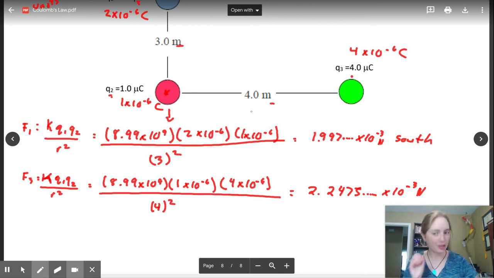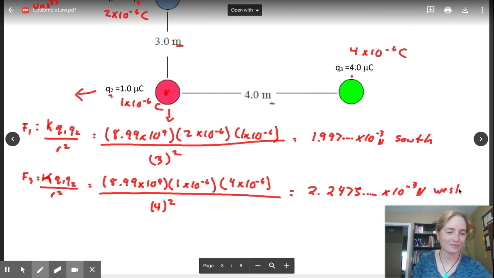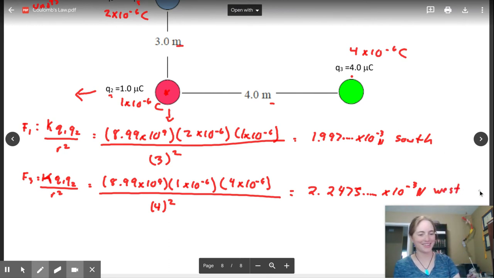We're thinking from the perspective of what is happening to Q2. Q3 is going to repel Q2 and push Q2 west. All right. So now we have south and now we have west for a direction. So what does that mean? Pythagoras-centric. Oh yeah.